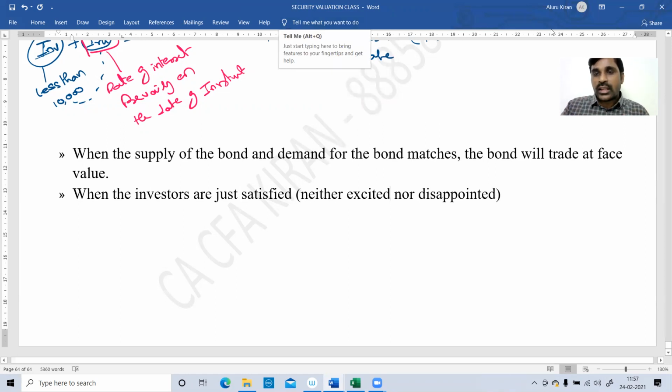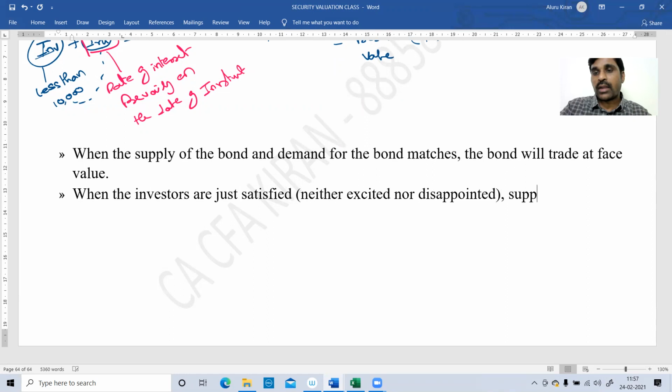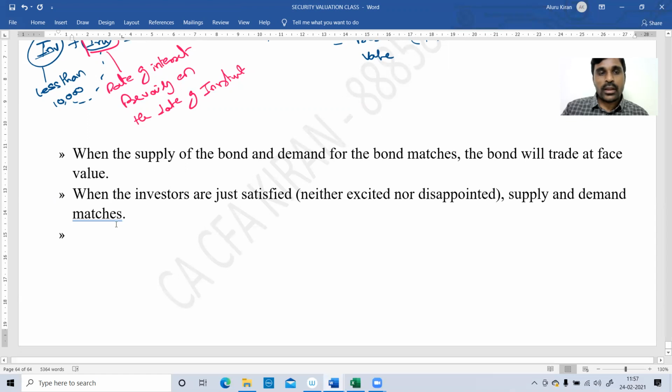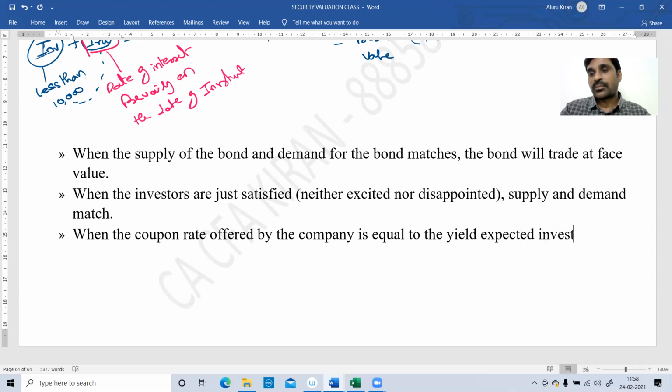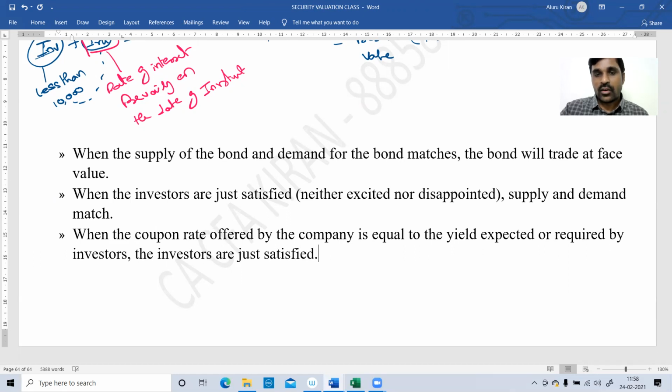When this happens, the coupon rate offered by the company is equal to the yield expected or required by investors. The investors are just satisfied.